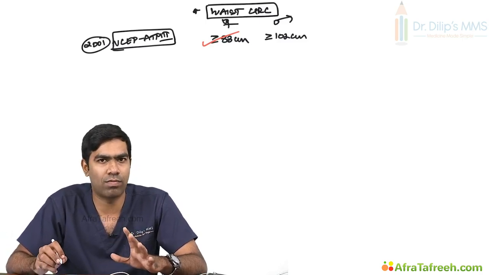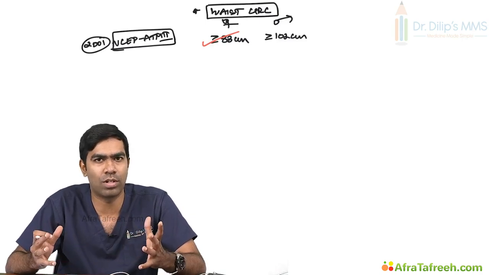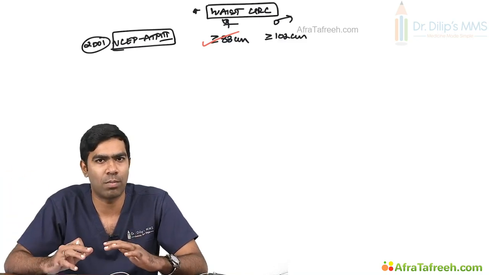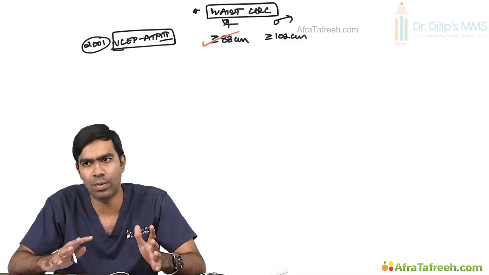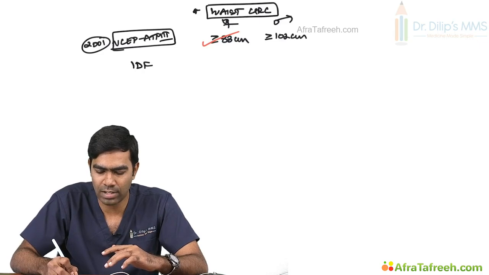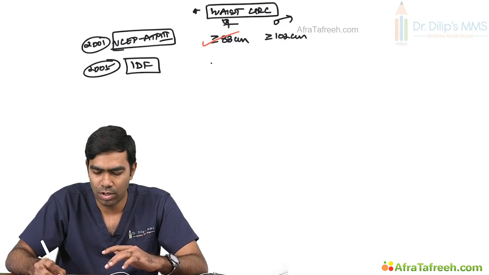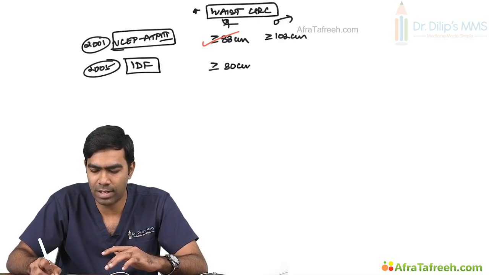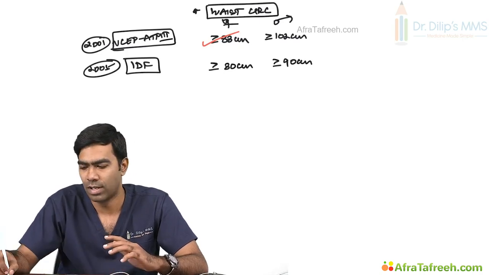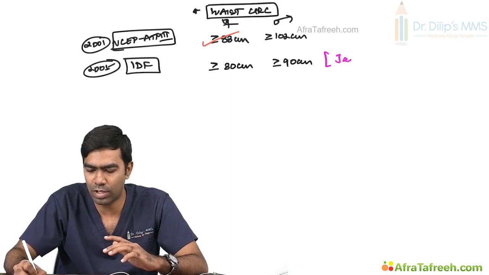But this kind of adiposity distribution is not the case in the Asian population and other populations like the Japanese population. So they wanted to give a different cutoff, which came in 2005 in the form of the International Diabetes Federation, which modified this waist circumference cutoff to more than 80 centimeters for females and more than 90 centimeters for males. And they also gave a separate cutoff for Japanese.